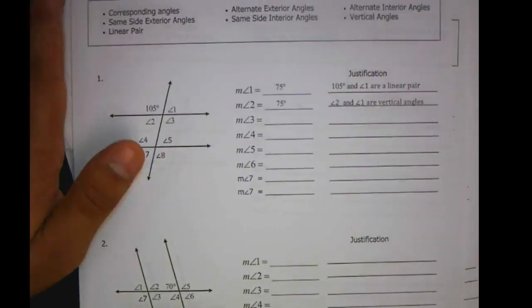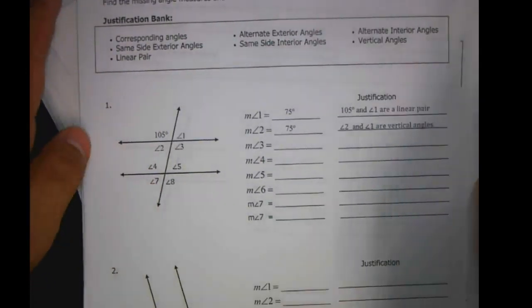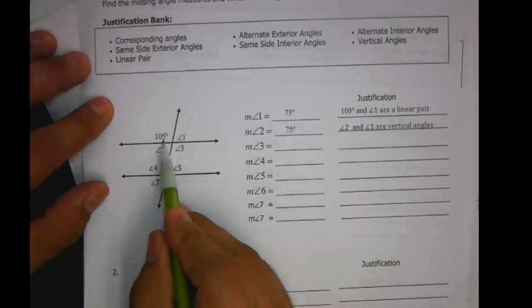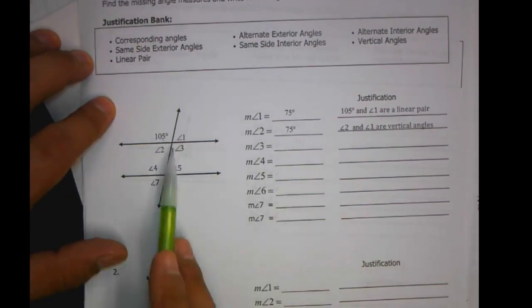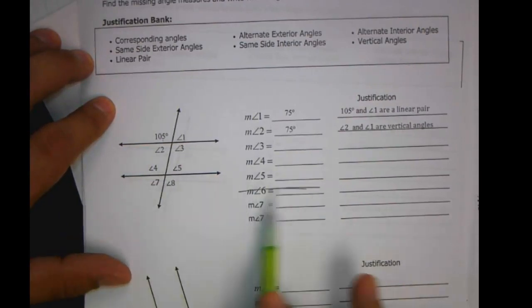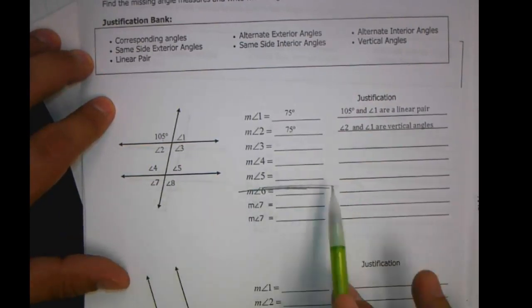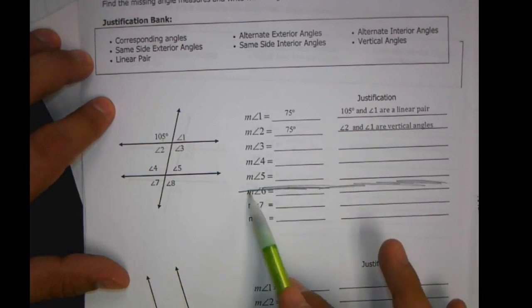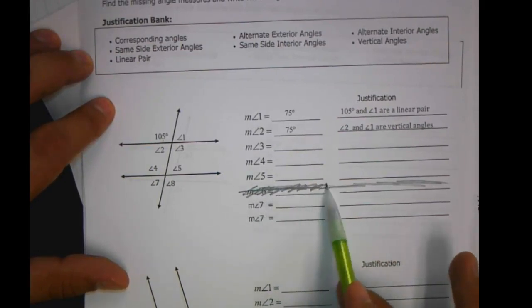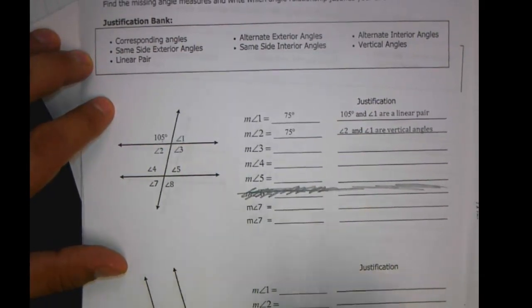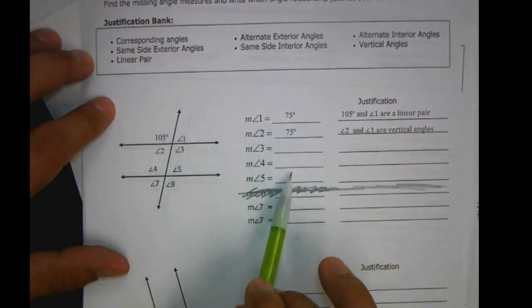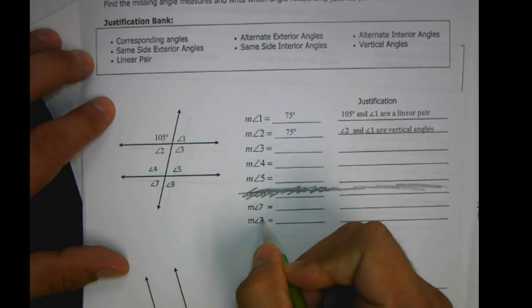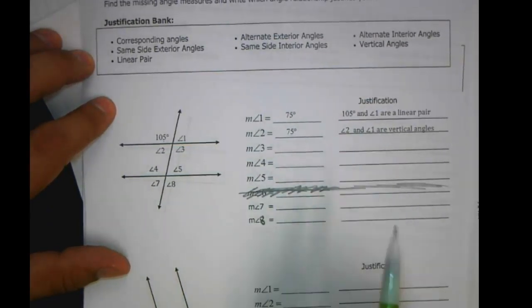Now, half of this is super easy because we just did it twice. So if you see one angle, you should be able to give me all these other angles, right? Okay, good. So real quick, cross out 6 because there is no number 6 on there. There's some typos on here that I need to fix next time if I remember. So there's no 6. But real quick, what you're doing is you're going to give me all these angle numbers. And by the way, this is supposed to be 8 down here. So this is all messed up.